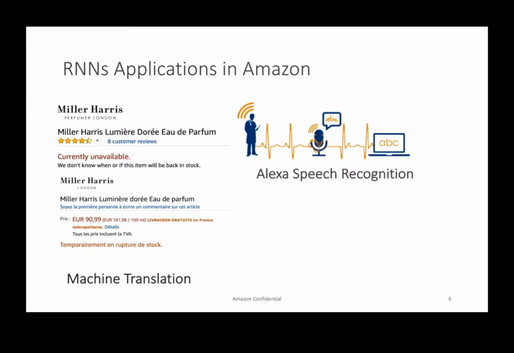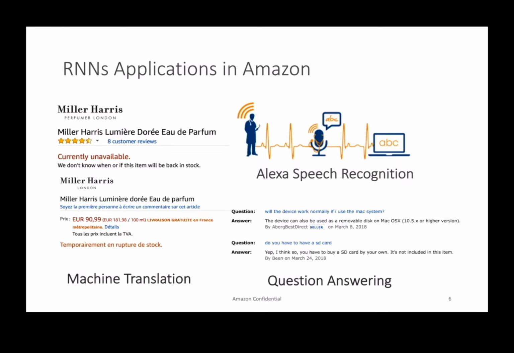Similarly, machine translation, wherein Google Translate or Amazon translates a page written in English to a different language, also depends on RNN. There are a lot of applications of RNN. Question answering is also an application.